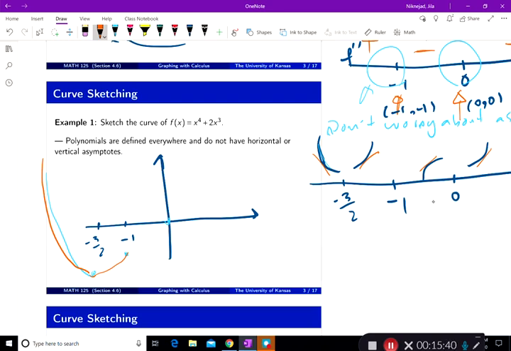And then I will have this shape, which is like that, and then I'll change to this shape. So there's a concavity change here, and I want to reflect all of that in my picture. And this is a more accurate picture that we can draw than we did in pre-calculus. So we will do more of these graphing.